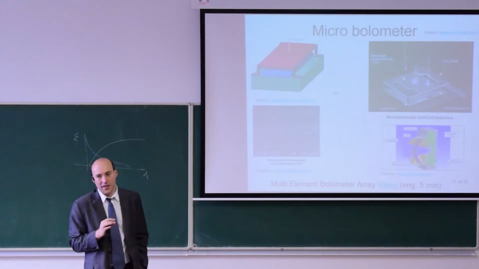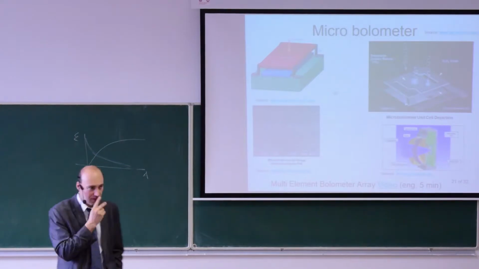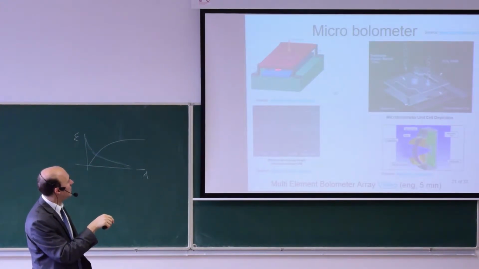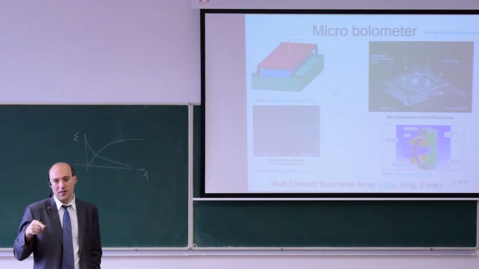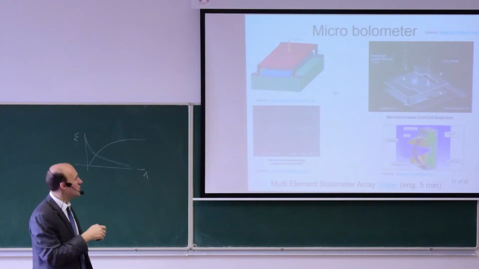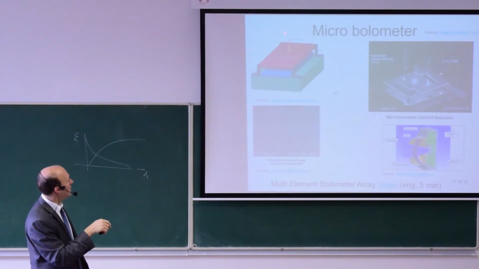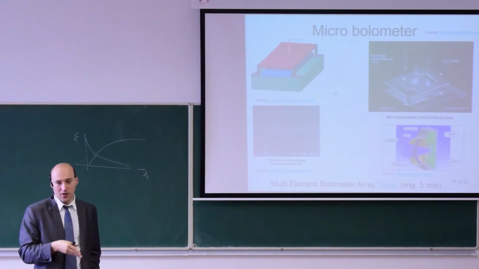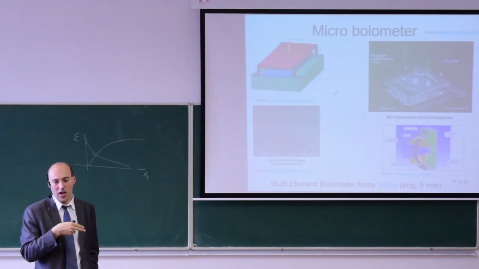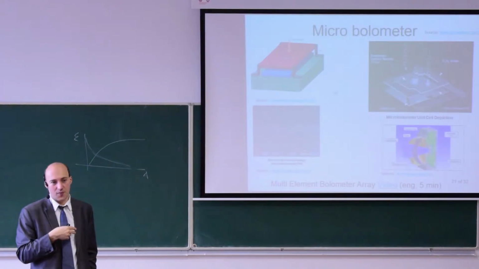The pixel size is a few micrometers, so, for example, 10 micrometers. And you see here that we have those terminals, and those terminals are used to measure the resistance of this surface. So if there is some radiation, it will increase the temperature of this surface, and it will change its electrical resistance.